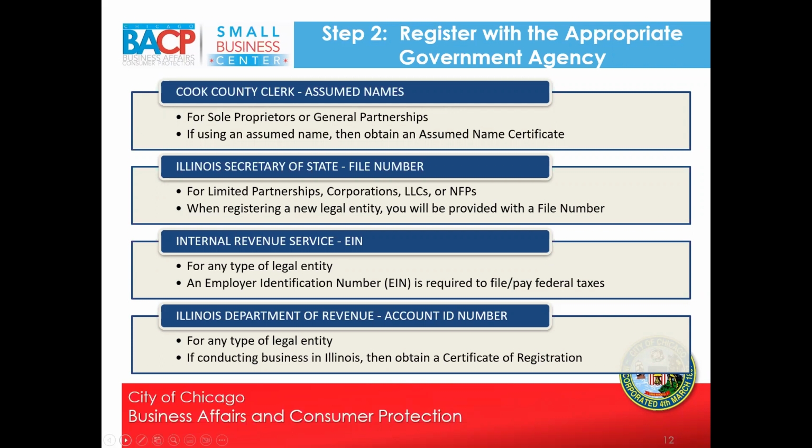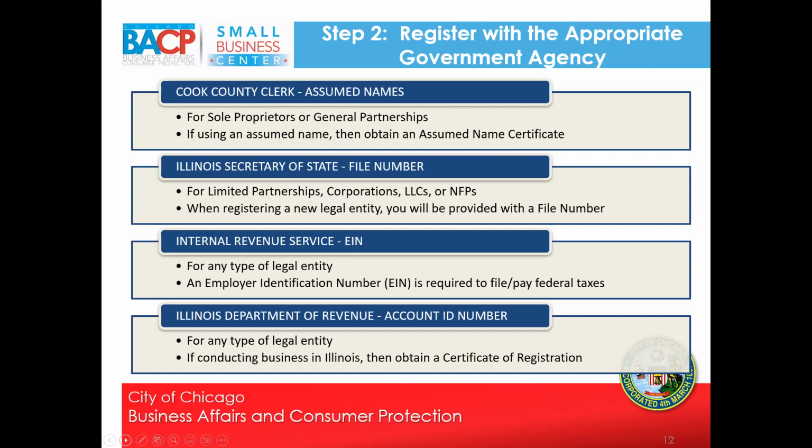With the Illinois Secretary of State, like I mentioned before, anytime you do limited partnerships, corporations, LLCs, or not-for-profit organizations, when you register them with the state, once the state accepts that legal entity, they will provide you with a file number. We will need that file number in order to verify that your legal entity is active with the state.